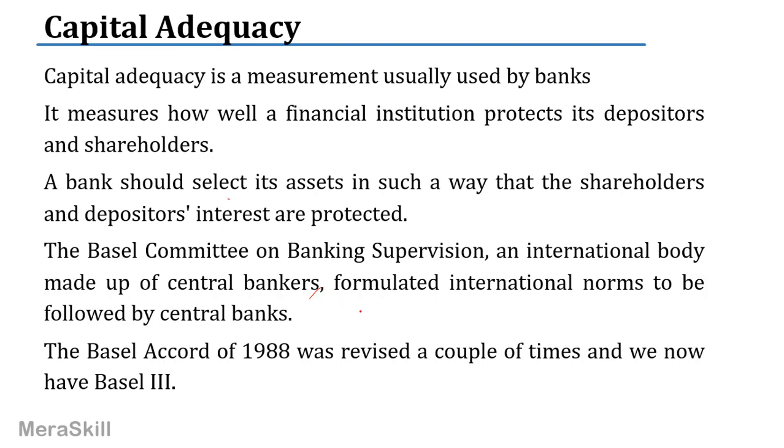They came together, and after a lot of deliberation, they formulated certain norms. It was called the Basel Accord of 1988. Since 1988, there have been a few updations, a few revisions, and we now have what is called Basel III.